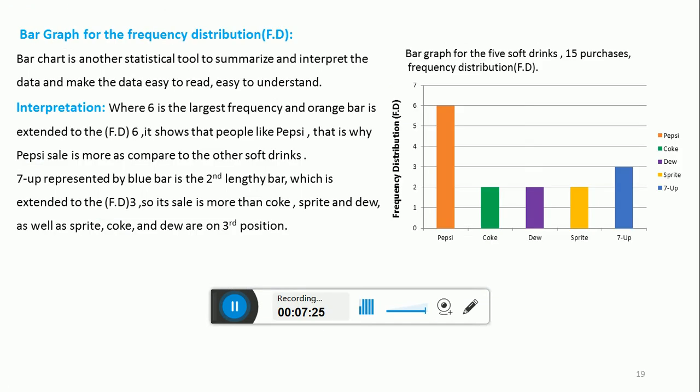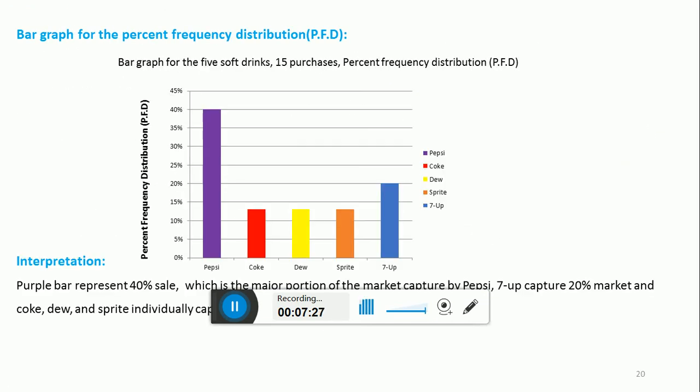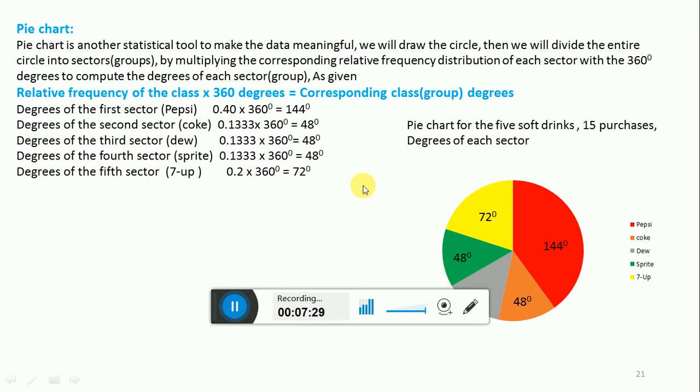So I am taking you back to the graph. This is the pie chart. In here, as this is very clear, pie chart for the 5 soft drinks, 15 purchases, degrees of each sector. 144 degrees for Pepsi, which represents the major portion of the market, capturing 40% of sales. 72 degrees for the second most attractive soft drink, that is 7-Up, and 48 degrees each for the remaining 3 soft drinks, like Dew, like Coke, like Sprite.